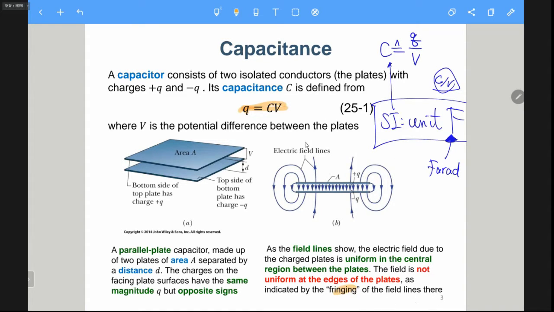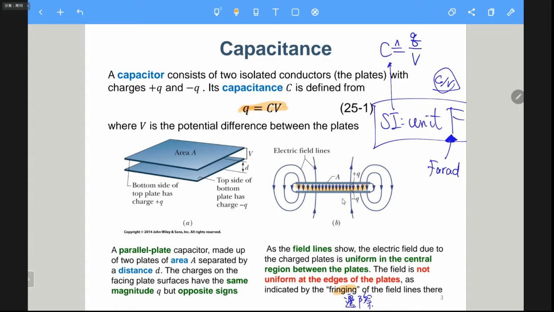Fringing, in Chinese, it is called 边际. So fringing means that part. So at least it says inside the capacitor, the electric field is approximately uniform.